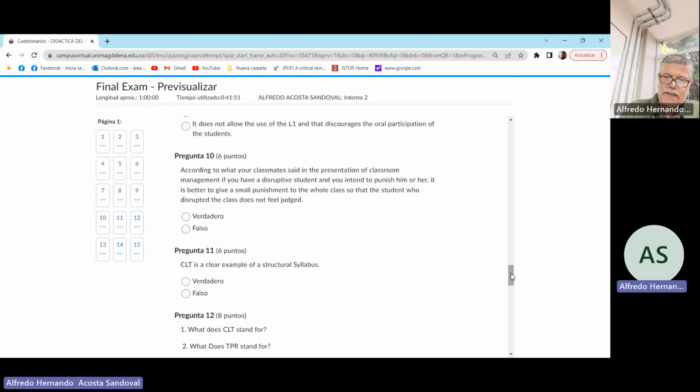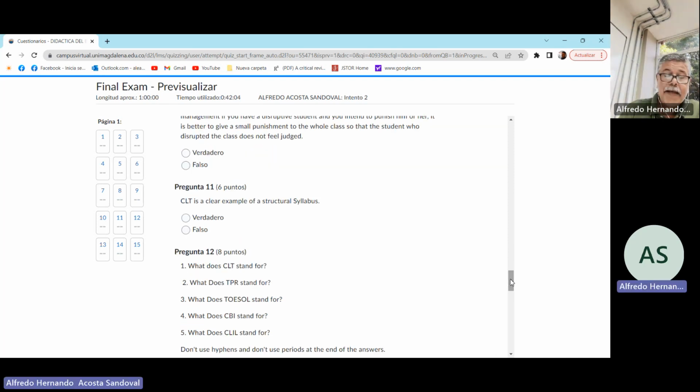They said, no, you cannot punish everybody because one or seven students disrupted the class. That's a terrible idea, and we do that all the time, especially in Colombia. Nadie sale a recreo because some people were speaking. Nadie sale. Uno para todo el mundo. Now that is not a good idea.